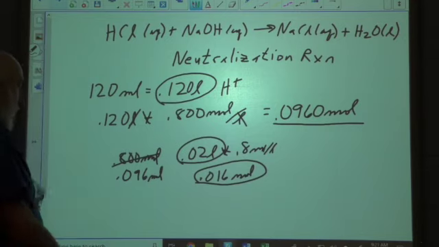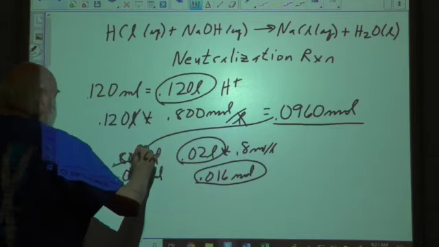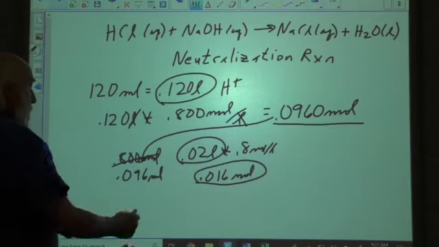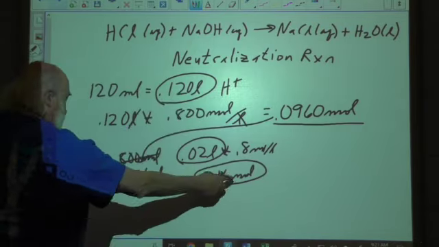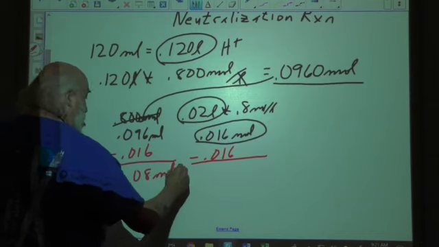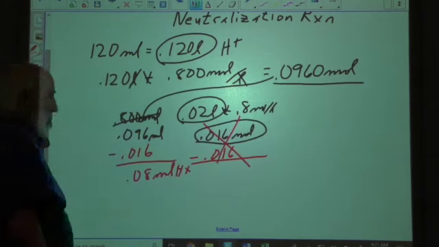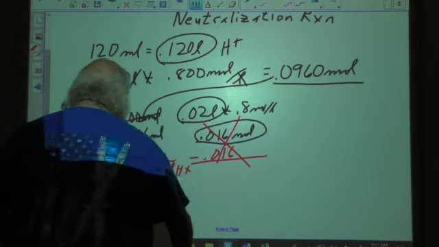Okay, that's what we started with. And when we multiply these together, that should have been 0.096 right there. I have that of the acid and this of the base, and since this is smaller, we're going to lose 0.016 from both sides. And we get 0.08 moles of hydrogen ions, and we got nothing left of the base. There's no base in the solution when these two have completely reacted.